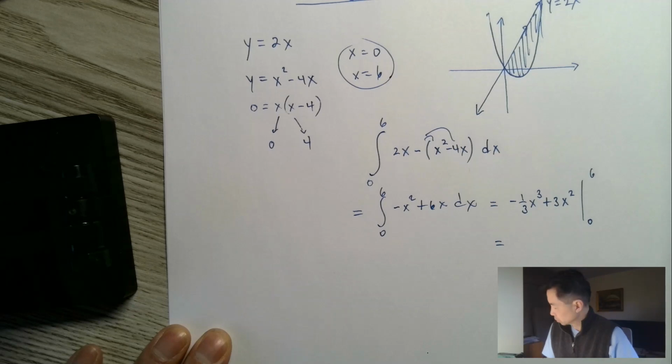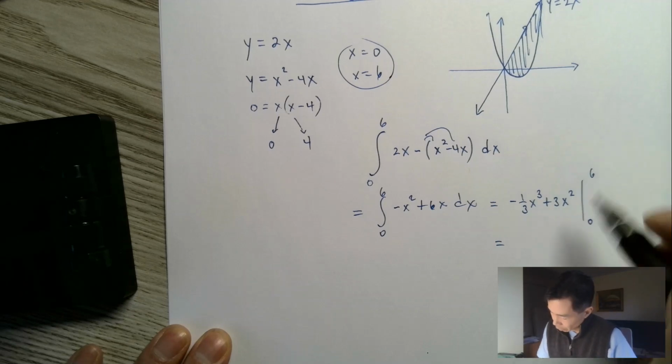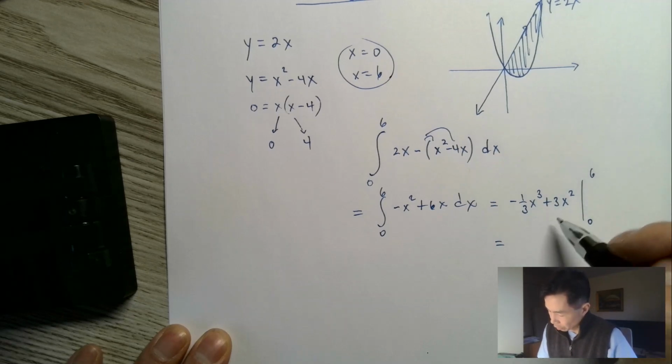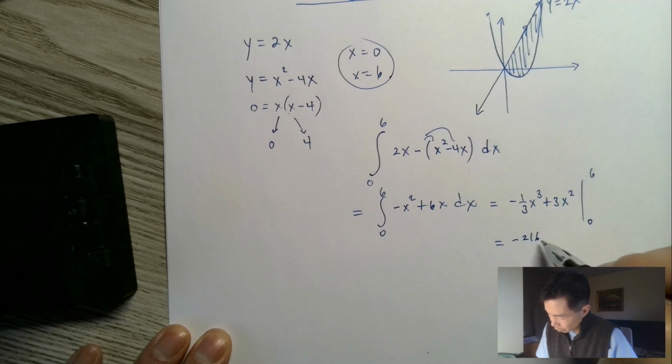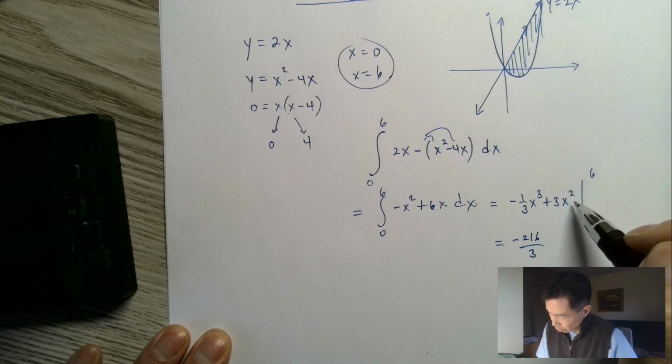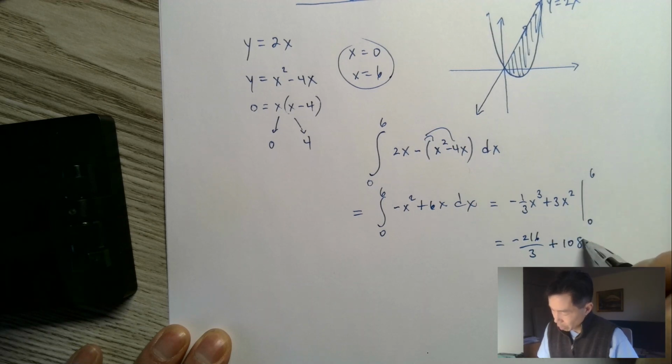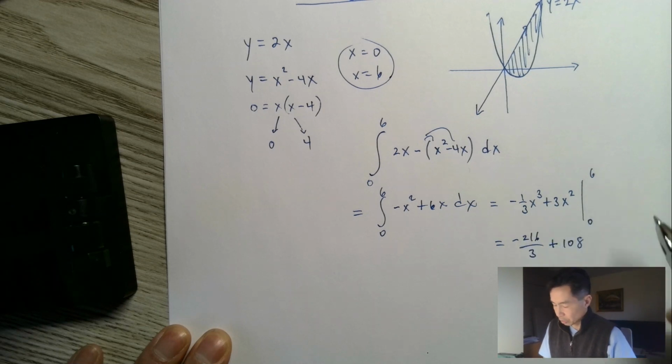Plugging 6 in, 6 cubed is 216, so negative 216 over 3. And 3 times 36 is 108. When I plug 0 in, I just get a bunch of zeros, so this is all I have to simplify.